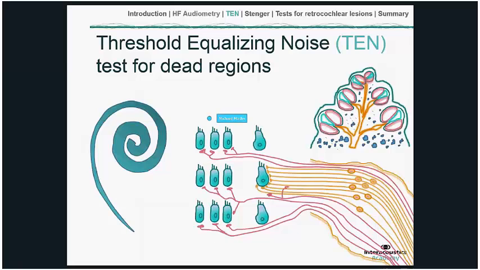On the other hand, the outer hair cells are responsible for driving the so-called cochlear amplifier. This is responsible for providing the fine sensitivity and frequency selectivity and other properties of the normally functioning cochlea.